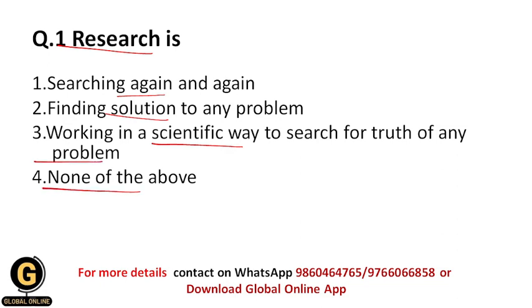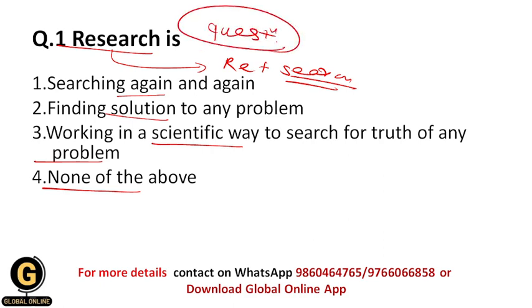Students, the meaning of research is re plus search, that is, searching again and again. But research does not include only searching something again and again. Basically we have a question, and for that question we need a solution, and to find the solution of that question or problem we do research. That's why research is finding a solution to any kind of problem.